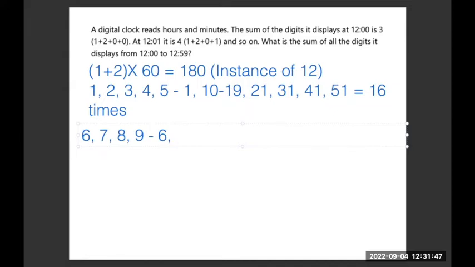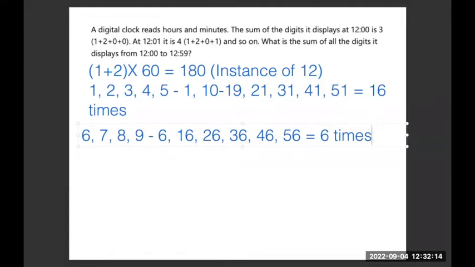So 6, 16, 26, 36, 46, and 56, which makes it how many times? 1, 2, 3, 4, 5, 6. Makes it 6 times. There won't be any other instance besides this. Okay. So is the answer 3,900?